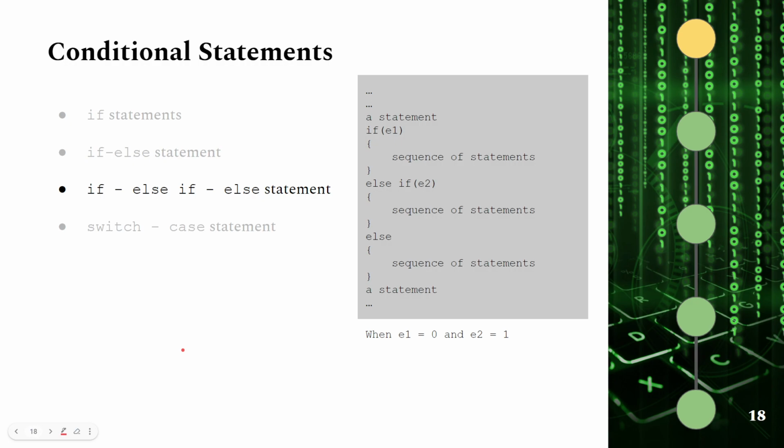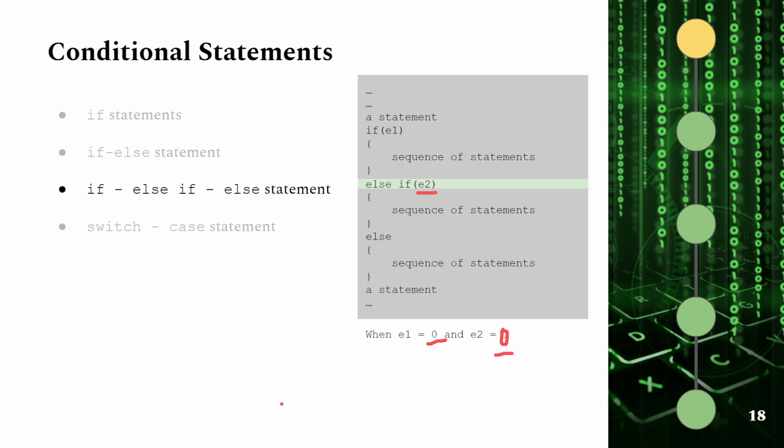Okay, there's a mistake over here, it should be 0 over here as well. When E1 is 0 and E2 is 0, both are 0 values, what will happen then? The code will start at a statement, then it will reach a checking point where we see that the value of E1 is 0, hence it will be false, so we will go to the else if part where we will check E2.